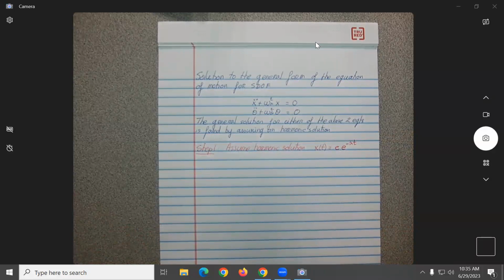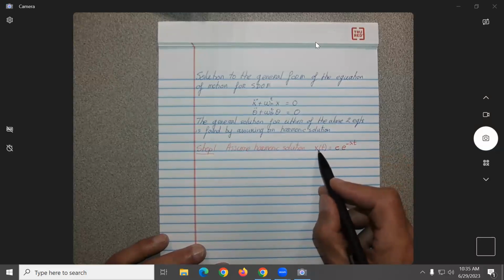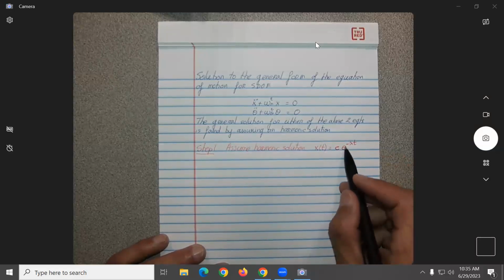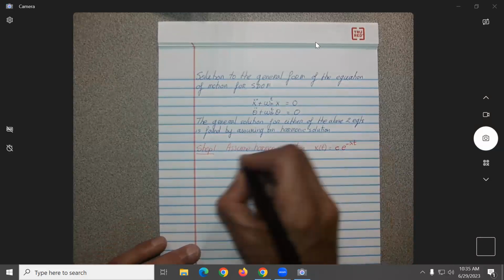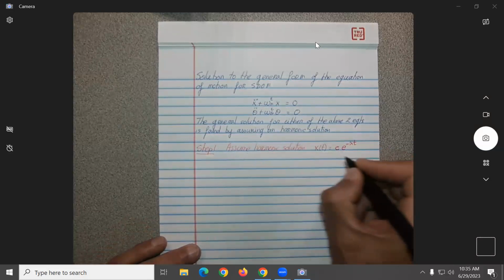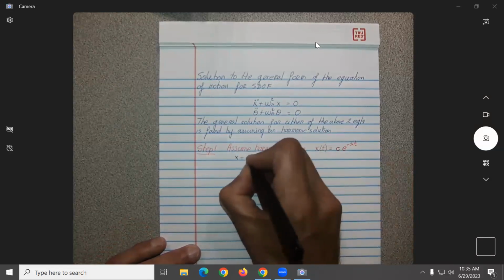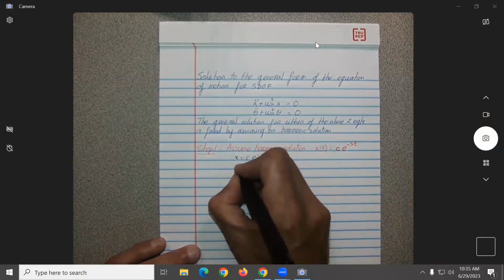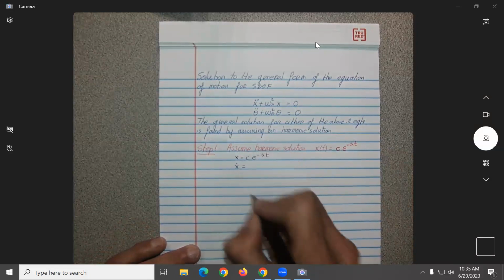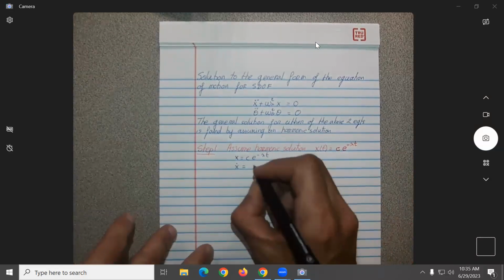Okay, so if we have this harmonic solution, this could be just theta of t equal to c times exponential of minus lambda t, okay? So we have x equal to c exponential minus lambda t. What will be x dot? X dot will be equal to what?